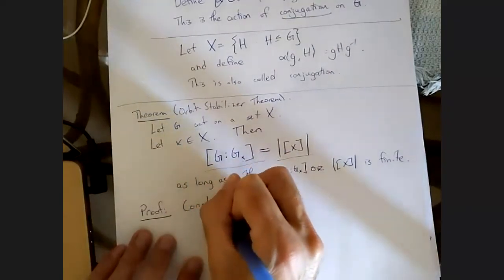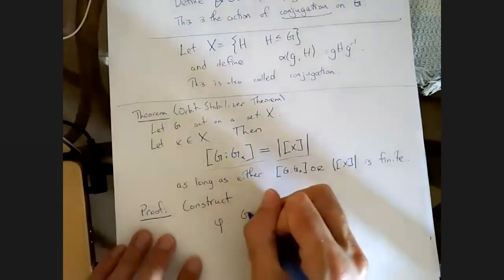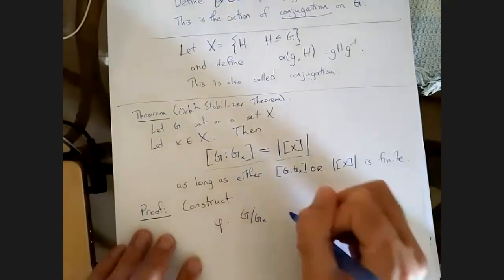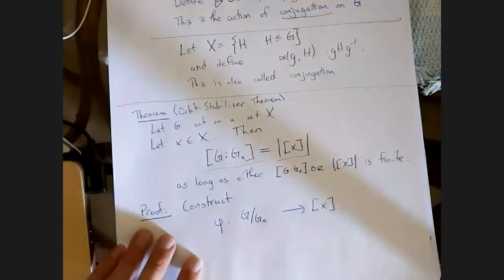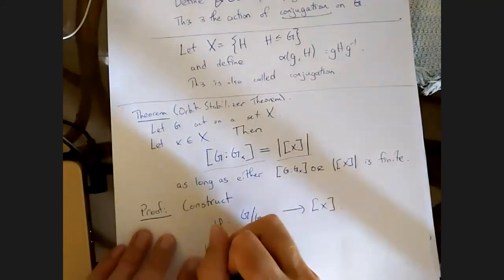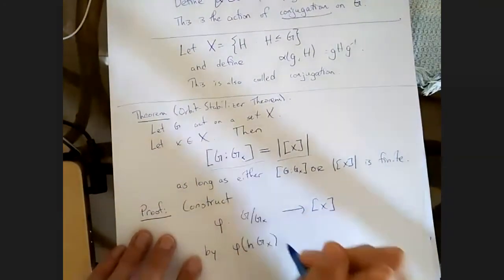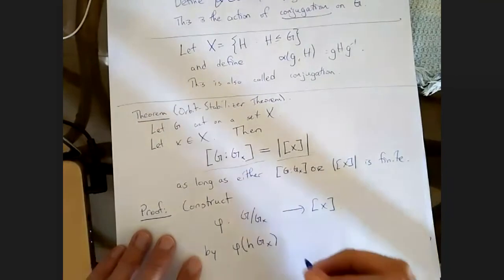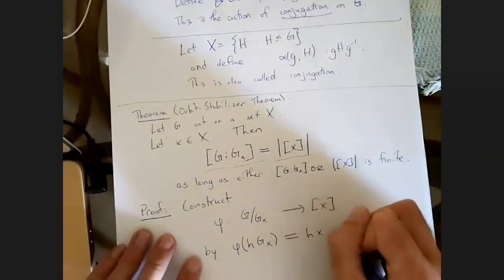So you construct, let's call it phi, from G mod G_x to the orbit of x by taking the coset gG_x and defining that to just be gx.